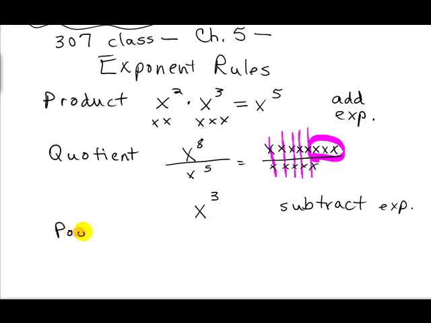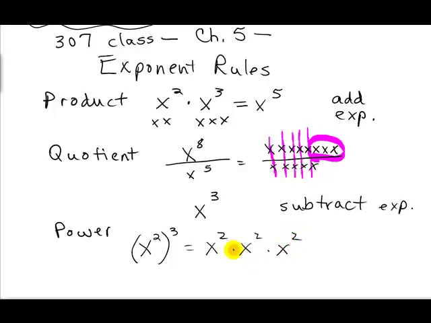The power rule, we will use it a lot too, and it can be confusing with the product rule. You want to make sure you see the difference. For the power, I have one variable and two exponents: x squared raised to the power of 3. If I expanded it like I did earlier, that would be x squared 3 times.